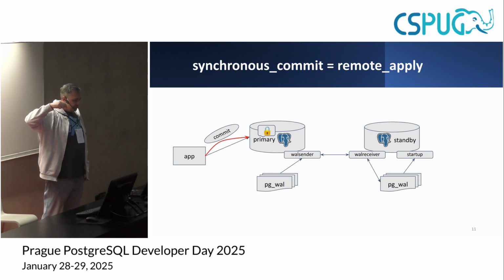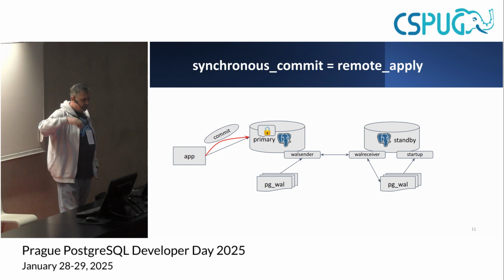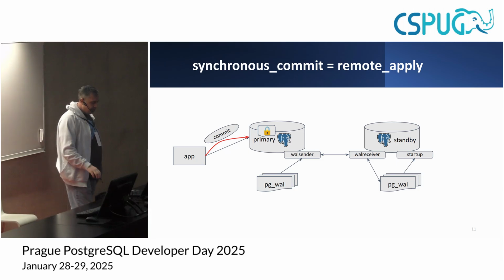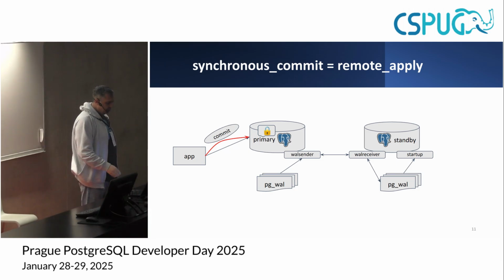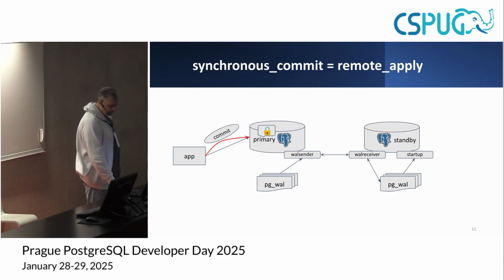So just to explain it a bit more nicely, I created this diagram. What happens when the application issues a commit to the primary? We get some locks holding this transaction from being visible to other connections on the primary.